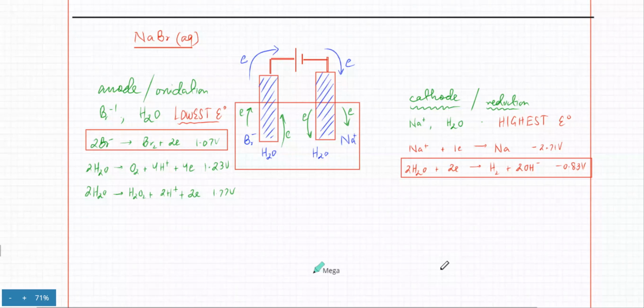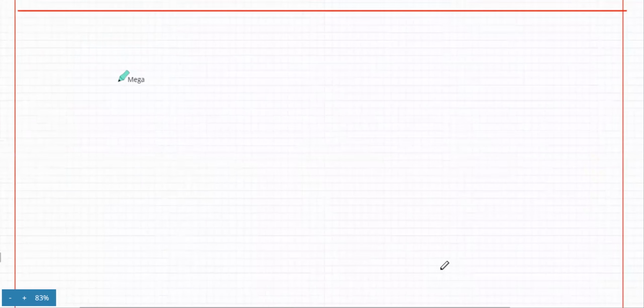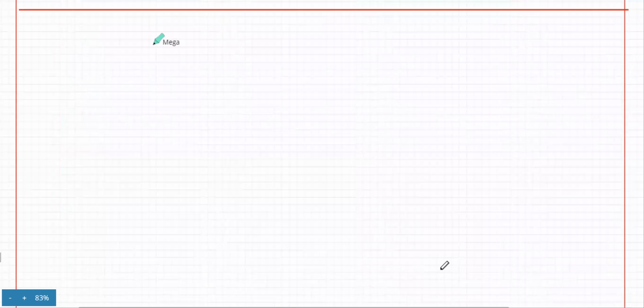Then the next thing I'm going to bring in is that we studied, and this only applies to a particular electrolysis, that changing concentration changes the electrode potential.